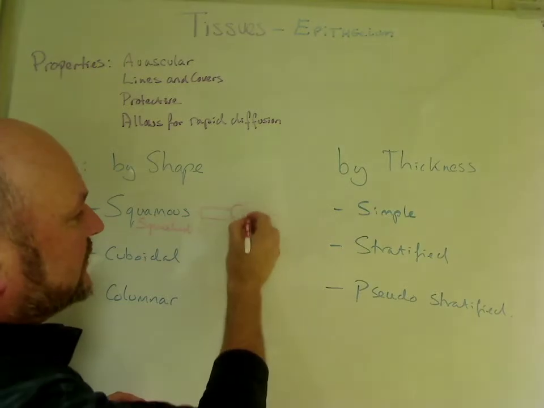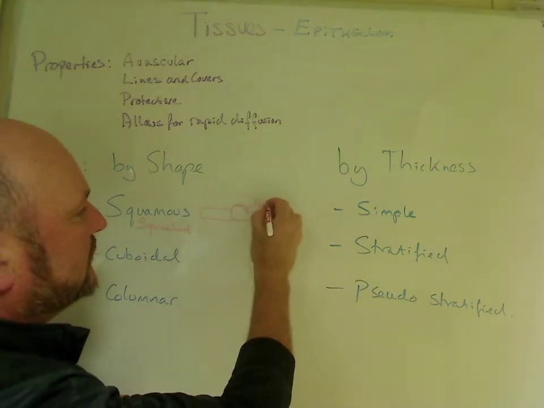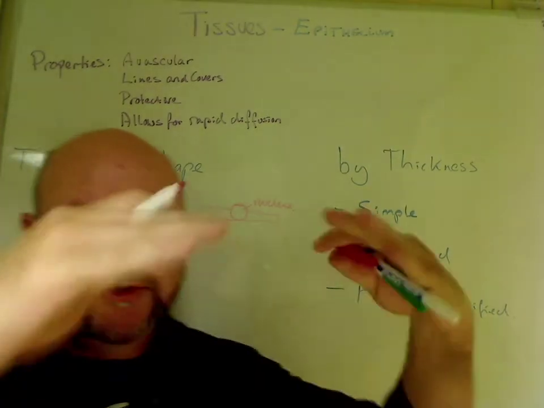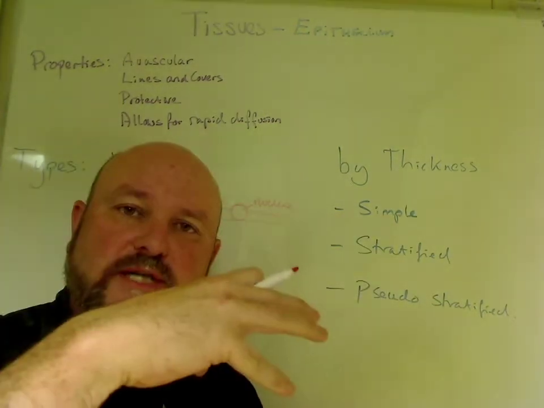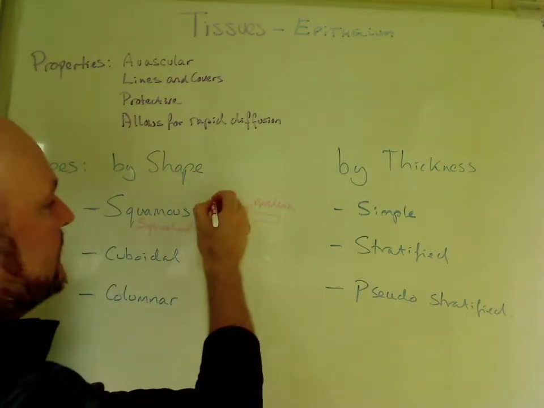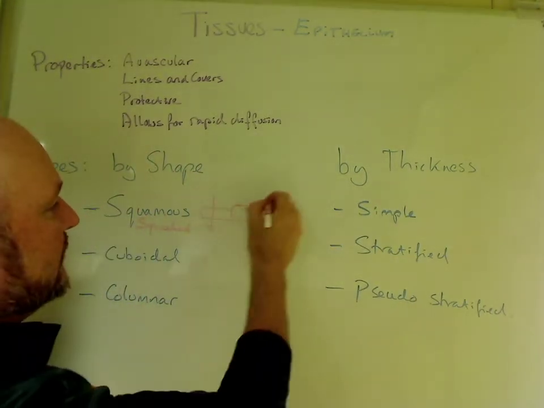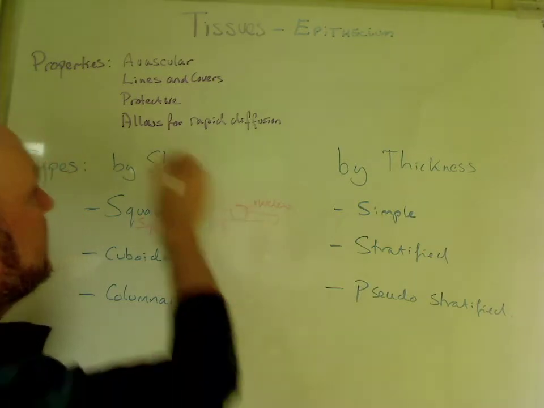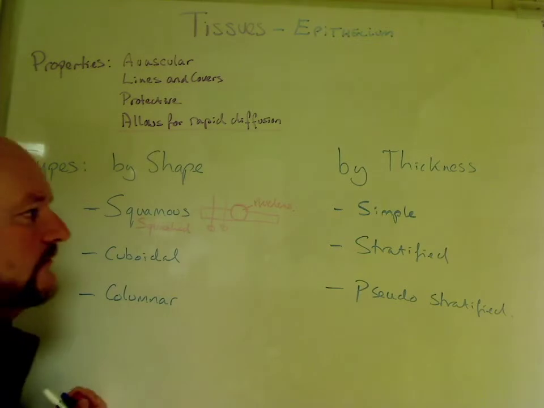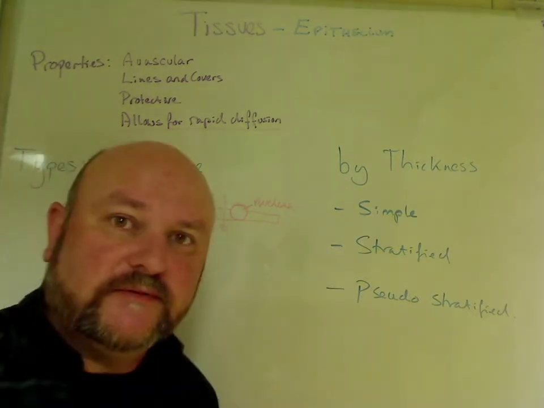This is the nucleus. So in squamous, the cell is so flattened that the nucleus is actually sticking out of it. So this makes it very, very thin, and it allows things to pass through it very, very easily, because it's very, very thin.